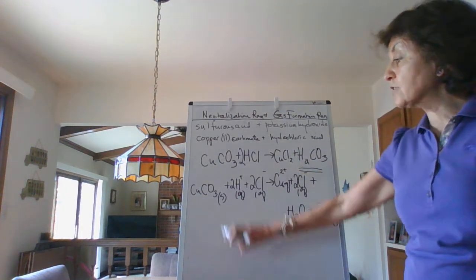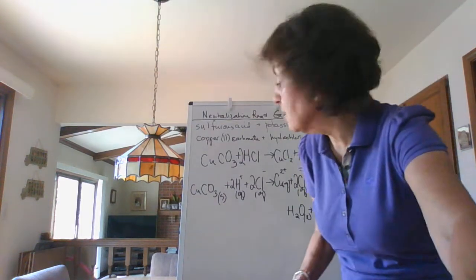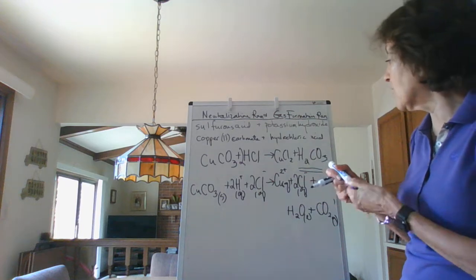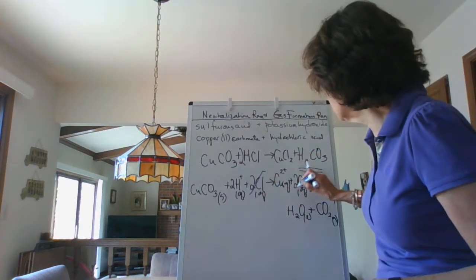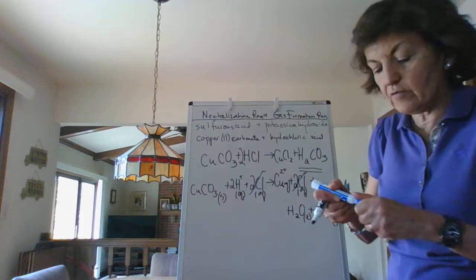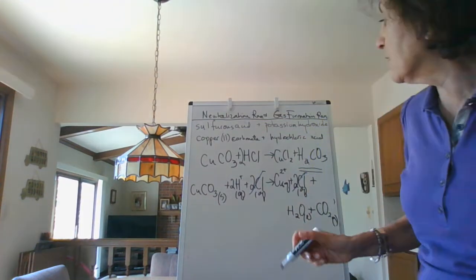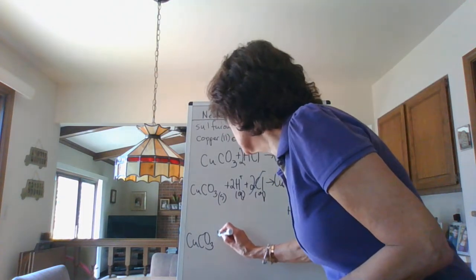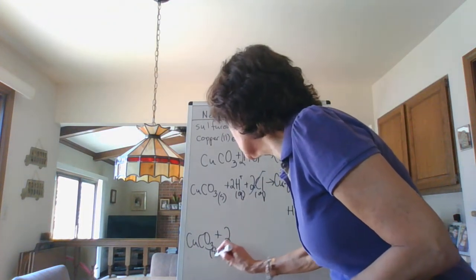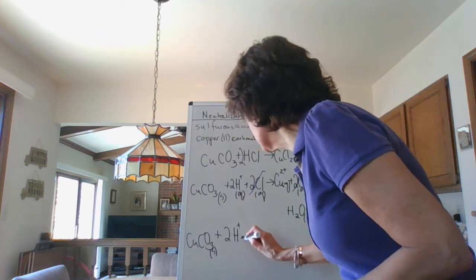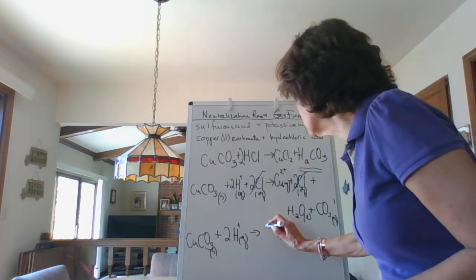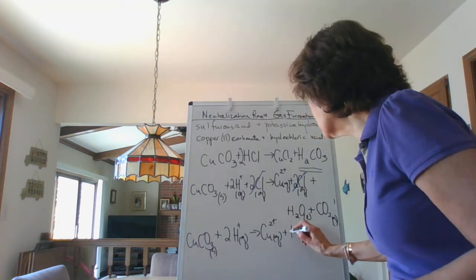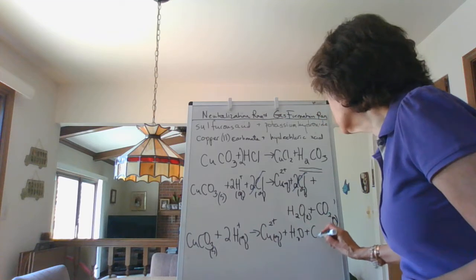Okay, so now how do I turn this into a net ionic? Well, anything that can be canceled that is exactly the same on both sides, I think it's just the 2Cl minus, 2Cl minus. So we'll get rid of those two guys, and we end up with this: CuCO3 solid plus 2H plus aqueous will give you Cu2 plus aqueous plus H2O plus CO2.